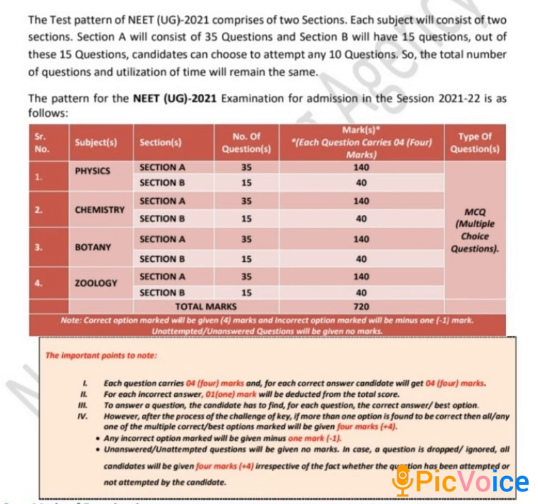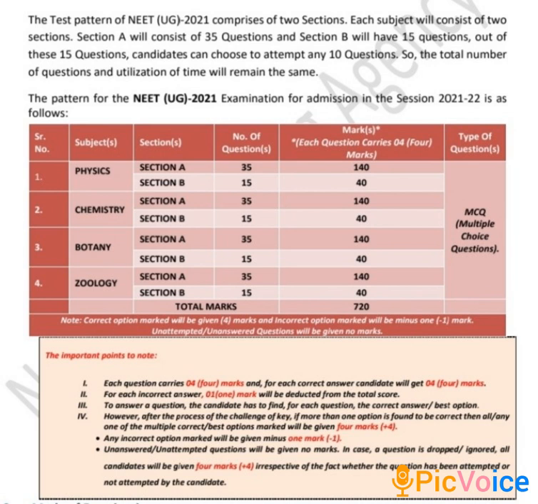To sum up, the NEET UG 2021 examination pattern for the session 21-22 is that it will have 4 subjects: physics, chemistry, botany and zoology, and for each subject there will be 2 sections, section A and section B. Section A will have 35 questions which are compulsory, in the sense that all 35 questions will be calculated in the marks.